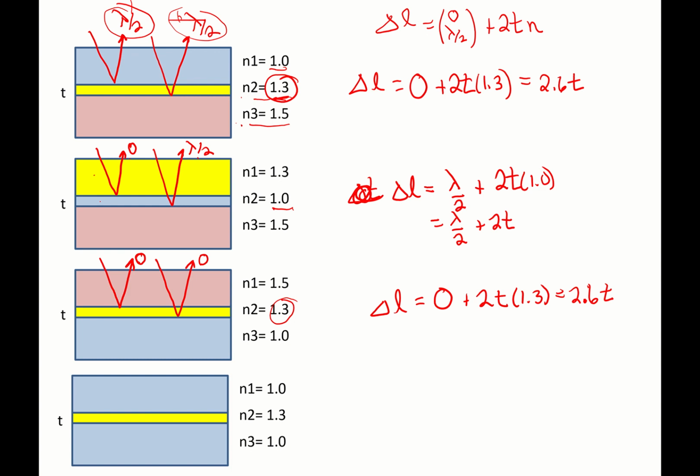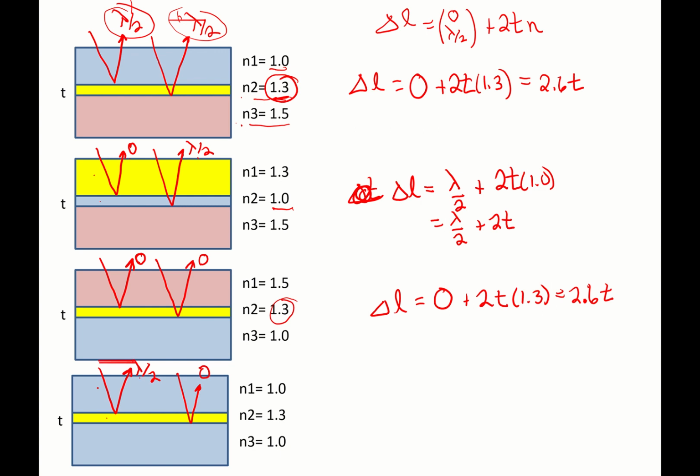All right, last case scenario: let's do 1.3 in between two bits of air. From the top surface, I'm going from low to high, so that shifts by lambda over 2. At the bottom surface, I'm going from high to low, so that shifts by 0.